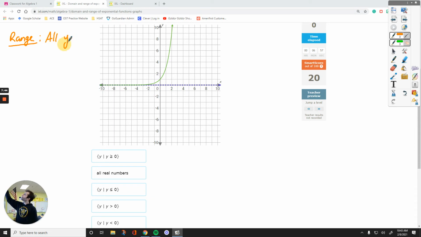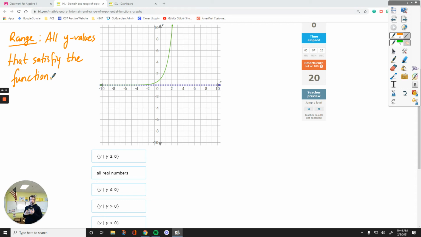All y values that satisfy the conditions of the function. Basically, it means if it is part of the curve, if it is part of the graph, then it should be part of your solution set. It should be part of your range set.